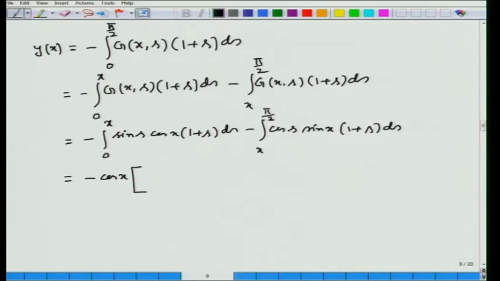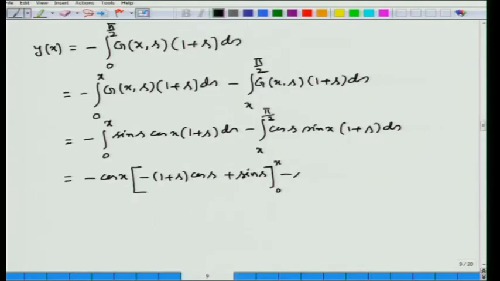So, we will be having this minus (1 plus s) cosine s, because the integral of sin s is minus cosine s, and integration by parts involves a minus sign combined with this one. The derivative of 1 plus s is 1, so plus cosine s, and after integration this will be plus sin s, limit 0 to x.